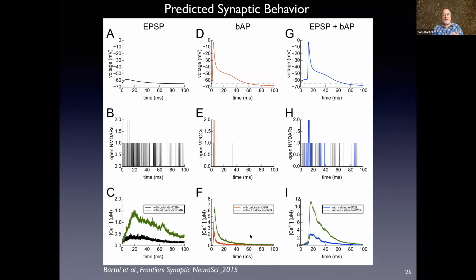And so the experiments that are reported in the literature are best compared with the case without calbindin. And notice how with the EPSP, we get a much larger and longer lasting calcium signal in the dendritic spine when the EPSP and BAP are paired together.